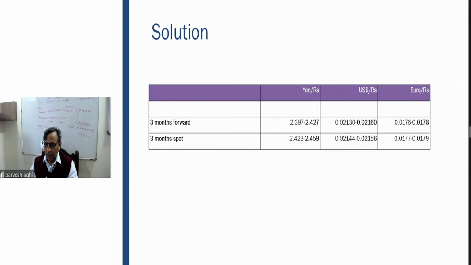The 3 months forward rate, look at the ask rate here, which will become the bid rate when we actually use it, because this is an indirect quote. So look at the ask rate here: 2.427 for the 3 months forward rate, and 2.459 for the 3 months spot rate. So what's happening? The rates are going up, which means the rupee is appreciating or the yen is depreciating.